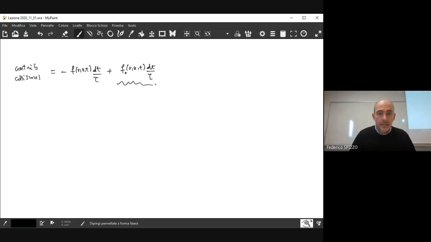And this is due to the fact that collisions contribute and maintain the system at the equilibrium.